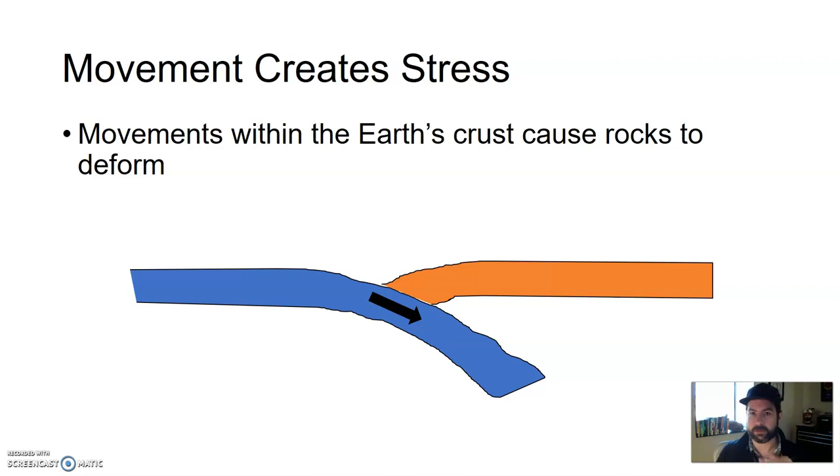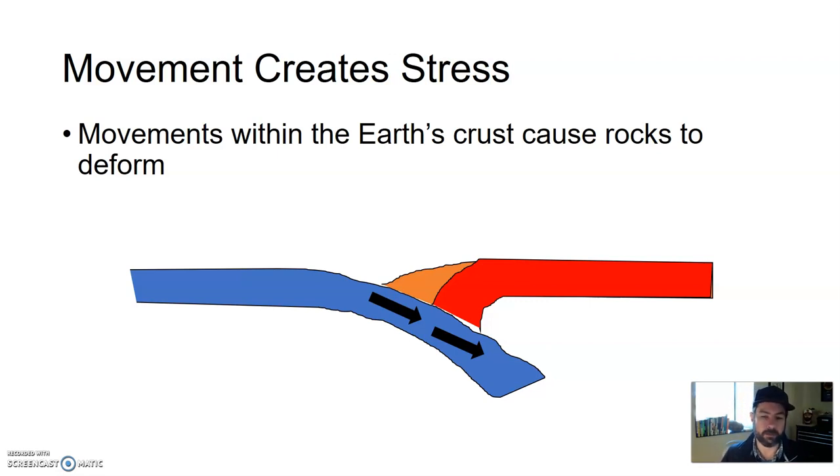Movements within the Earth's crust, as the plates jostle around, cause rocks to deform and bend. Yes, rocks can bend quite easily because of the high amounts of force and stress on the plates as they're jostling around.